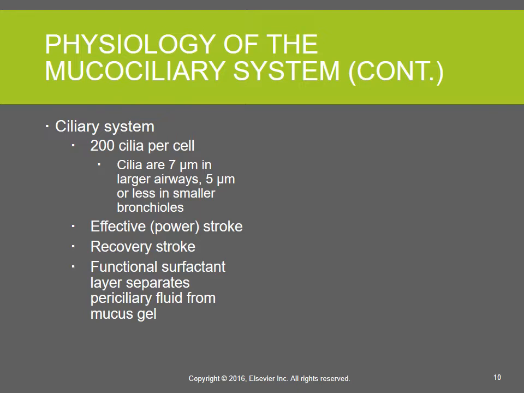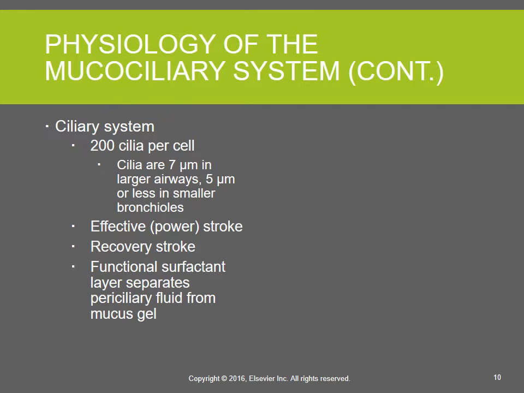Cilia beat in a coordinated way. They have a wave of motion to propel airway secretions up and out. A functional surfactant layer lies at the tips of the cilia and separates the periciliary fluid from the mucus gel. This layer allows the cilia to transmit kinetic energy effectively to the mucus without becoming tangled up.